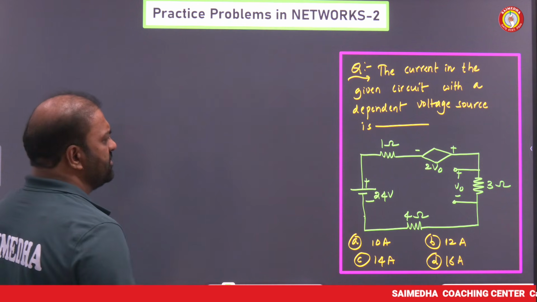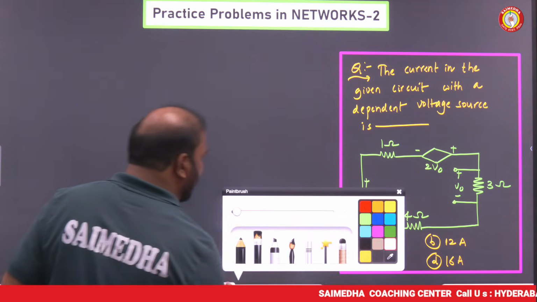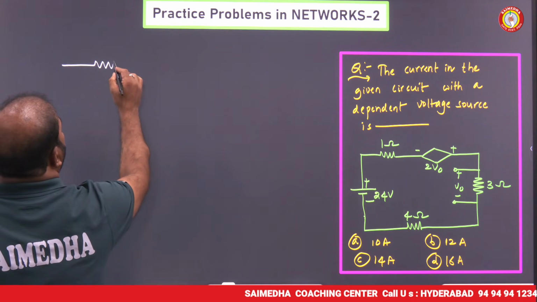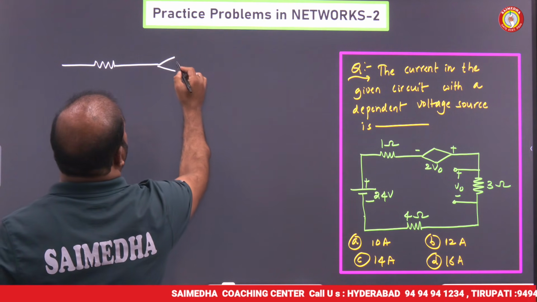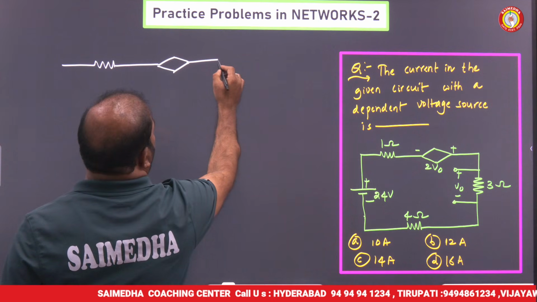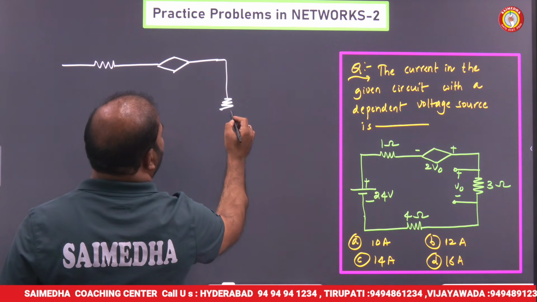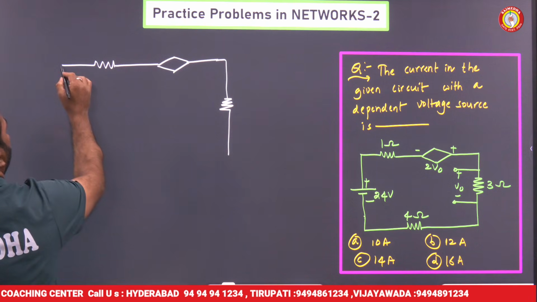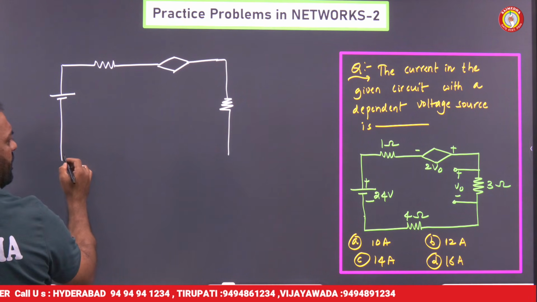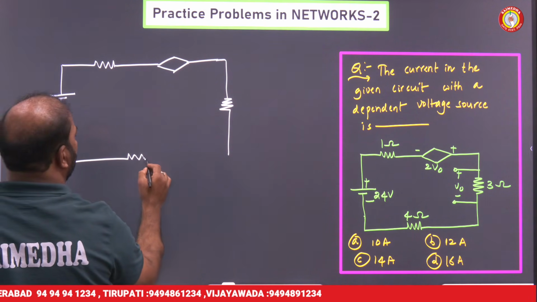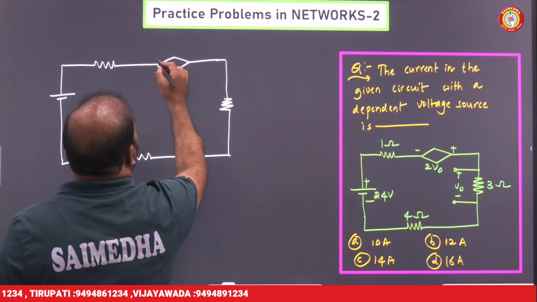Next, find the current in the given circuit with a dependent voltage source. Let me draw the circuit once again. Here we actually have a single loop, but this loop has a dependent voltage source, minus plus.